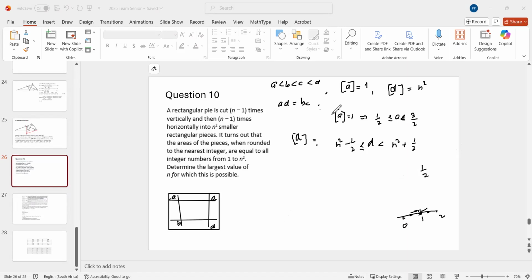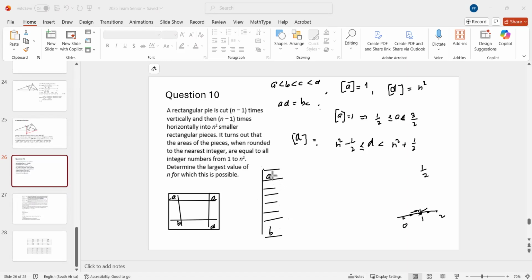Now, I can say something about A and D, but I can also say something about B and C. Because A is in the top corner here, and B is in the bottom, and you've got several rows. So this is an n by n grid. You've got lots of things coming to that.